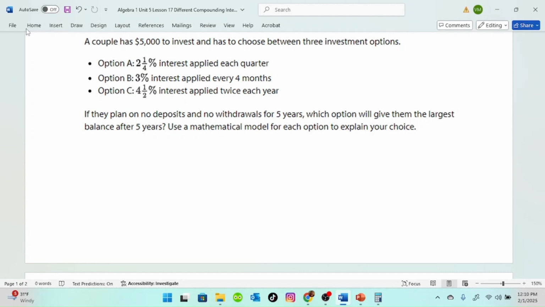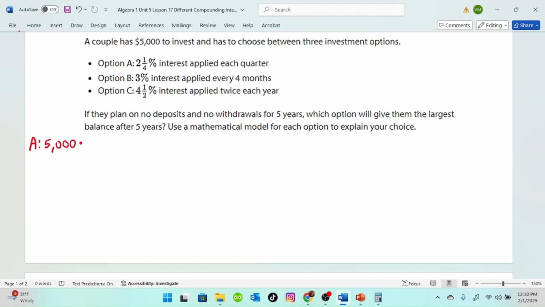So let's look at option A. We would begin with the $5,000. We would be multiplying by a 2.25% interest.